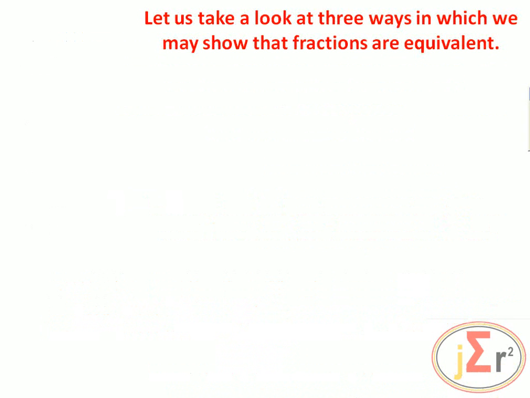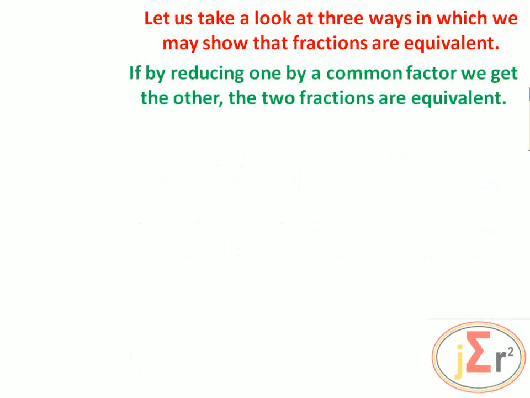Let us take a look at 3 ways in which we may show that fractions are equivalent. If by reducing one by a common factor we get the other, the two fractions are equivalent. So let's go at it. We have 10/15 and 2/3. We are reducing here by a common factor of 5.